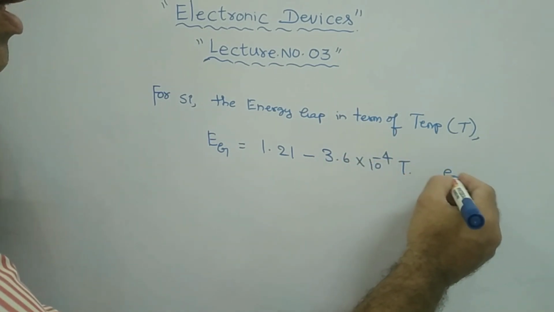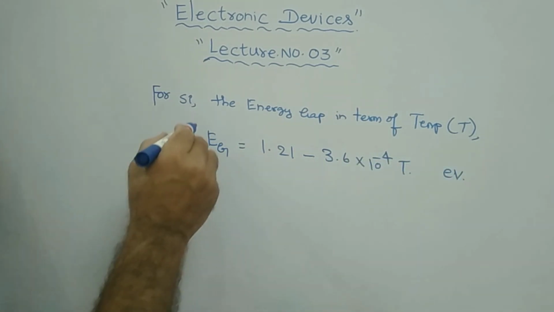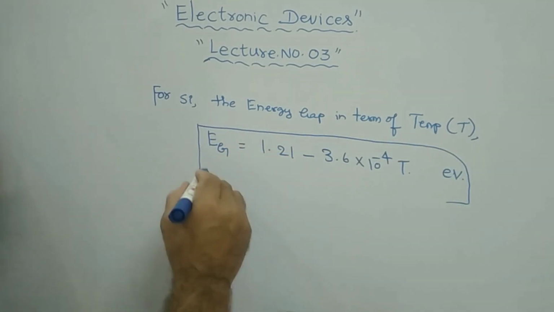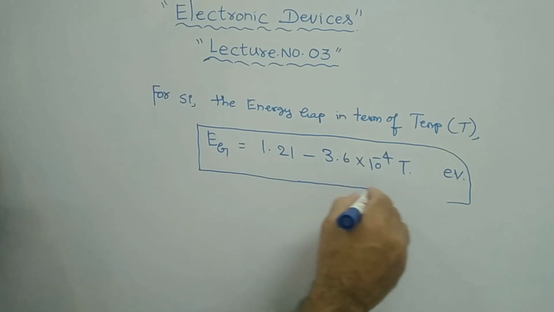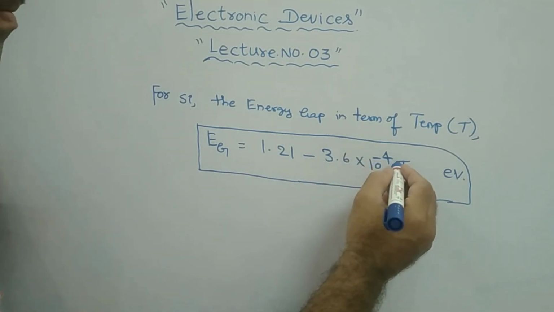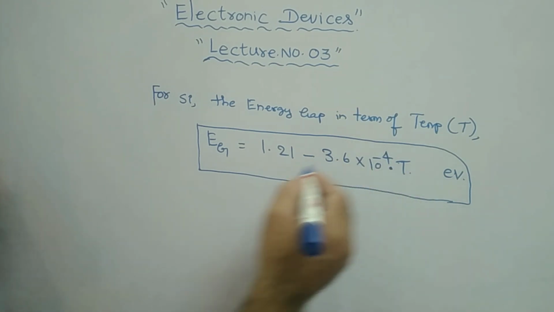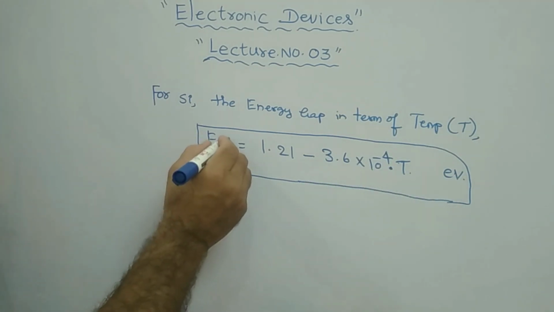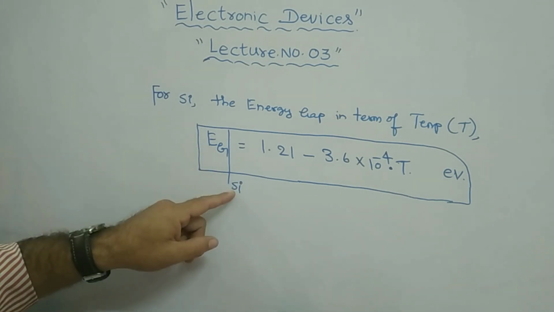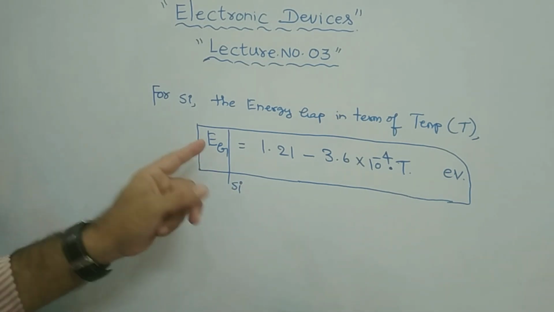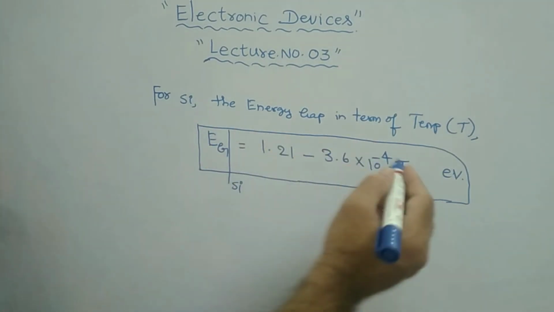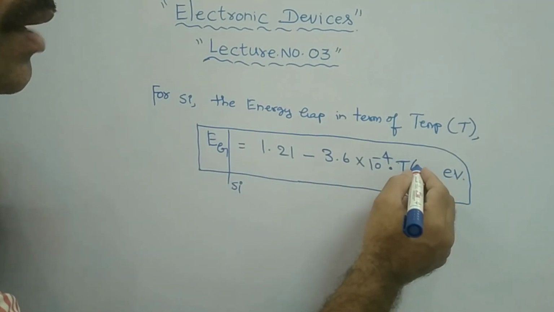This is in electron volt. This is the very, very important relation that everybody needs to remember. This is for silicon. So for silicon, the relation between energy gap and temperature, where T is the temperature in degree Kelvin, remember that.